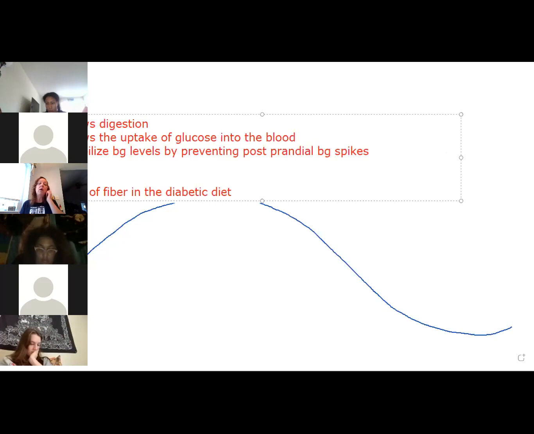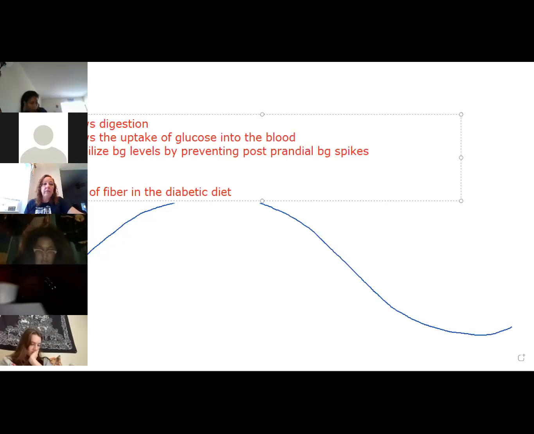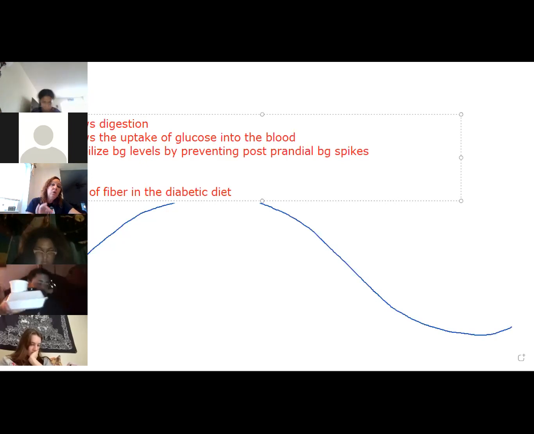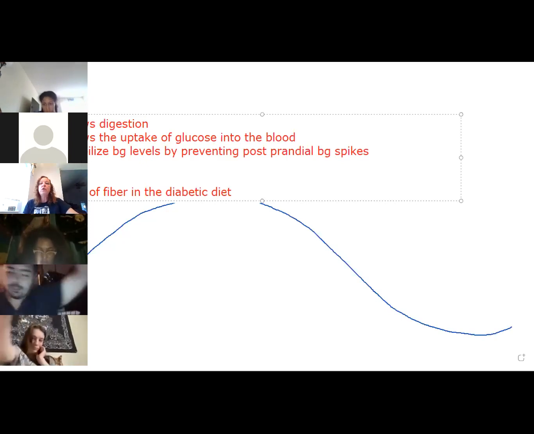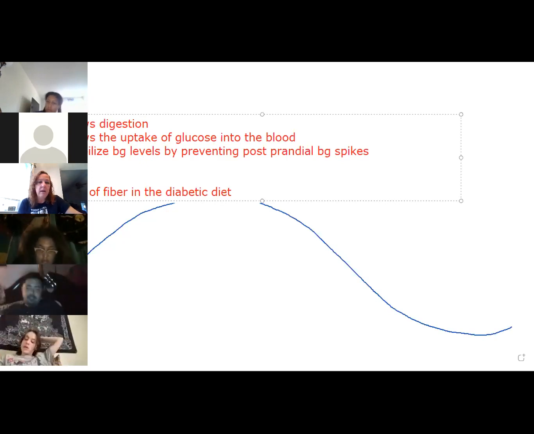Savannah, you would not get it wrong if you don't word it exactly the same. It's not going to be, you know, if you add a word here or there. However, you need to not change the meaning of the definition. So if I asked, what is the role of fiber in the diabetic animal?